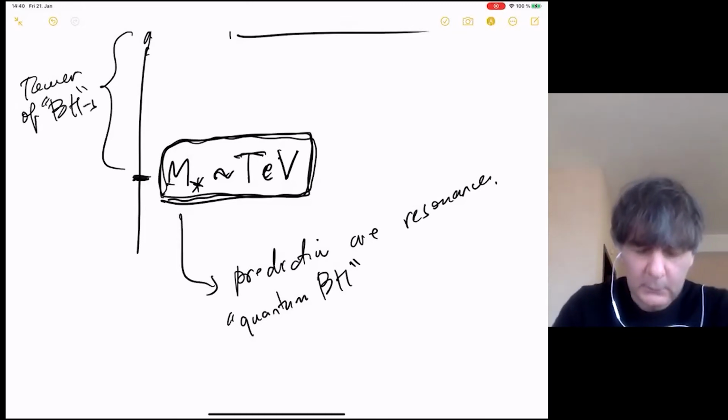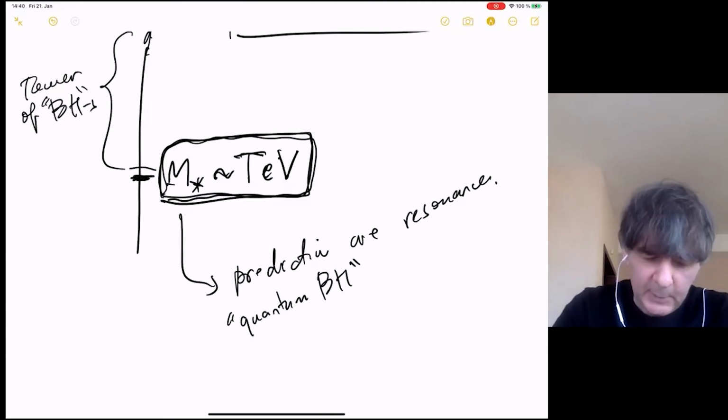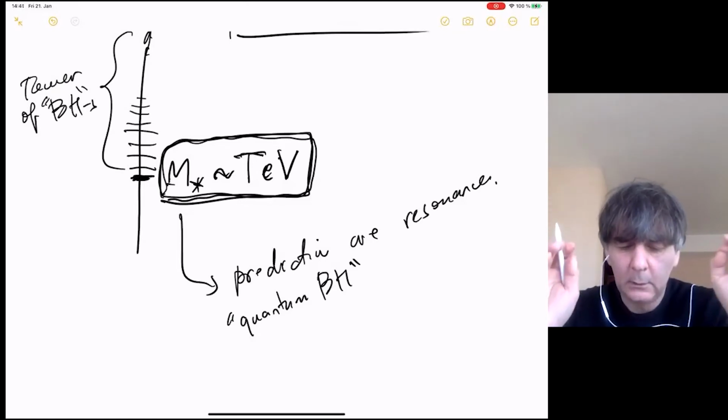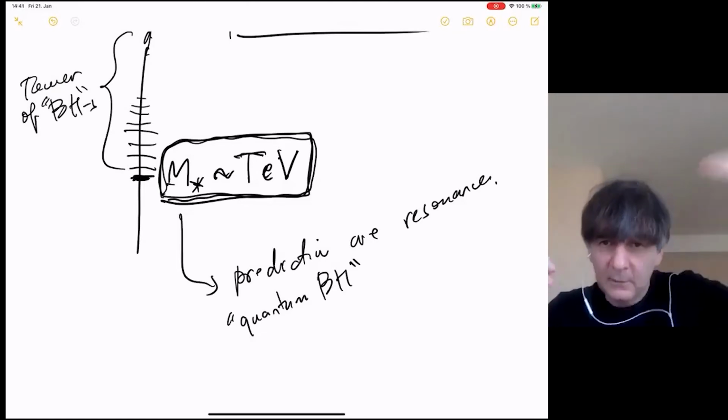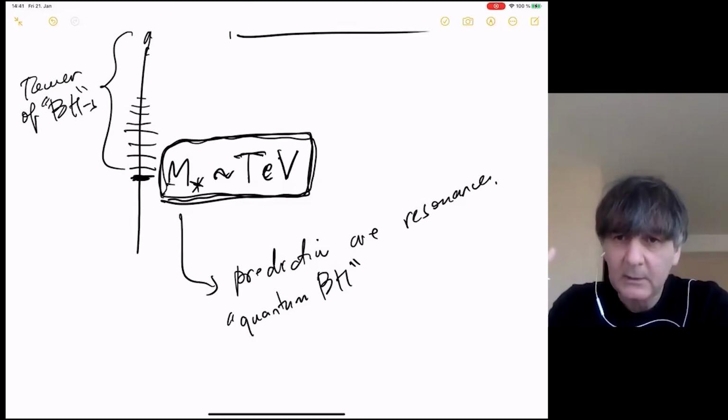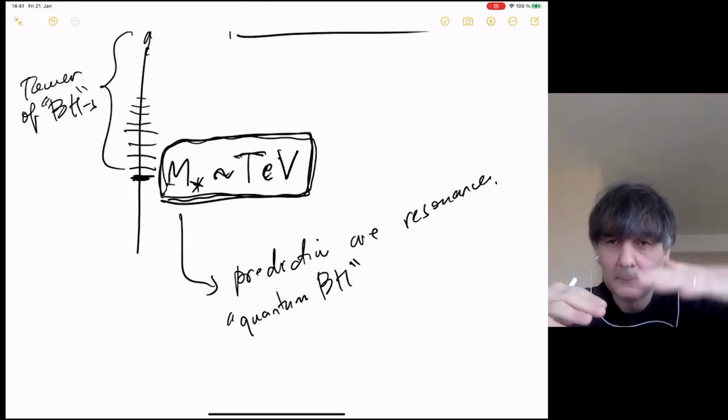The point is that there is a spectrum of black holes above the cutoff.